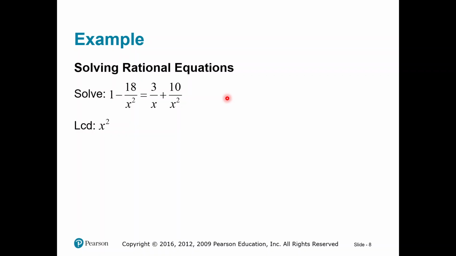Now let's multiply x squared into the equation. Literally just times. So x squared times 1 minus 18 over x squared equals x squared times 3 over x plus x squared times 10 over x squared.